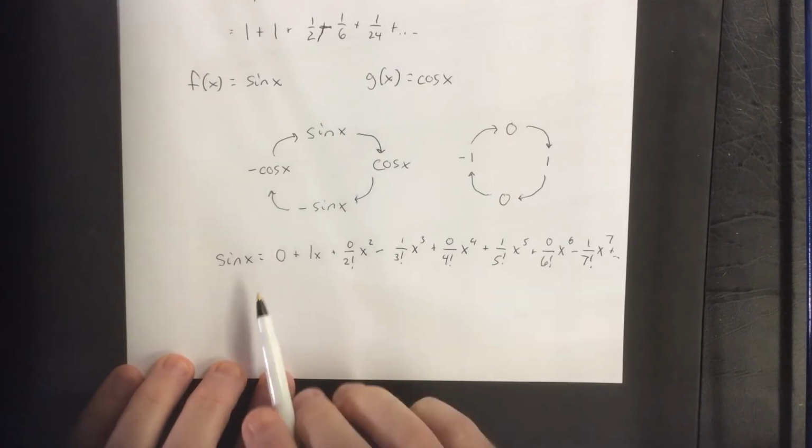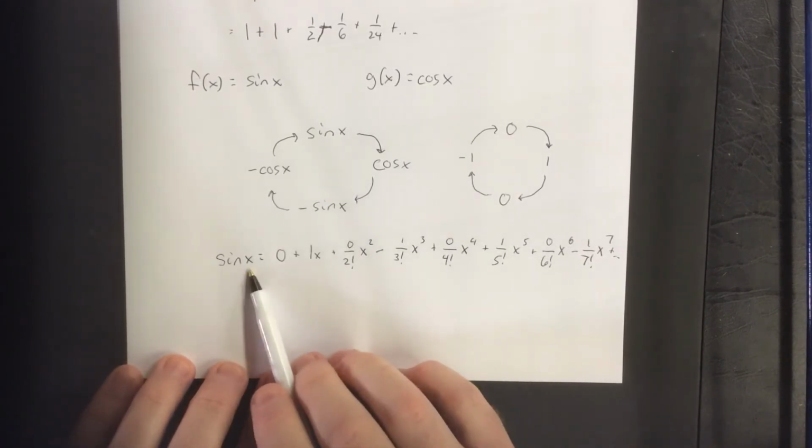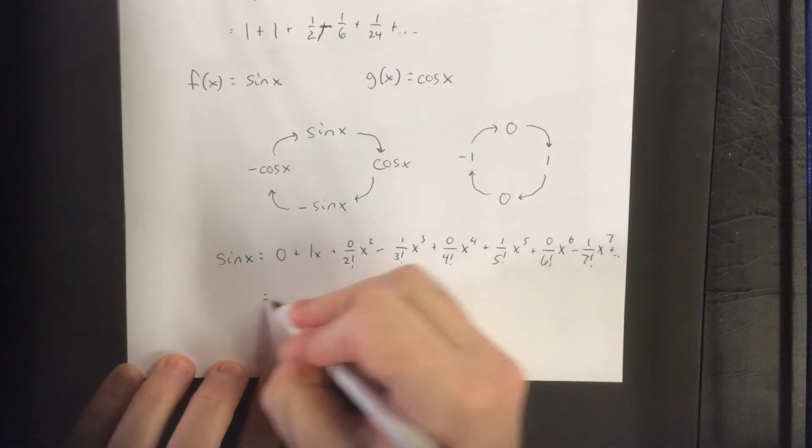You'll notice that for the sine of x, we're only dealing with odd powers. This is also due to the fact that the sine is an odd function.